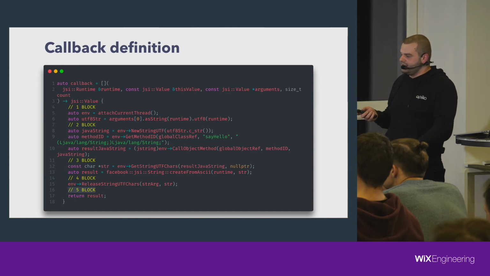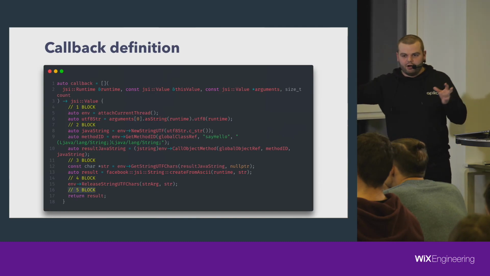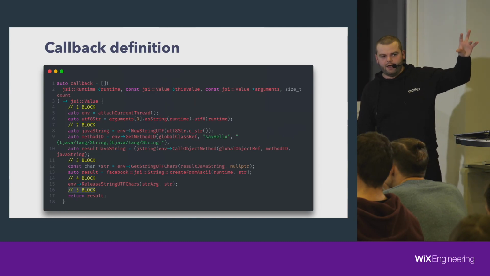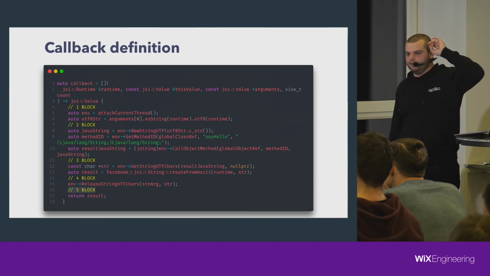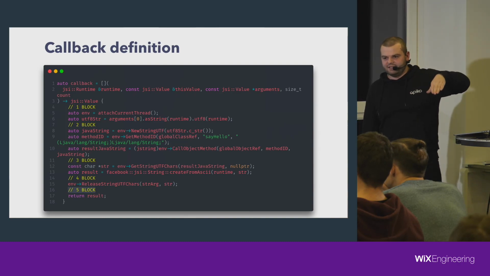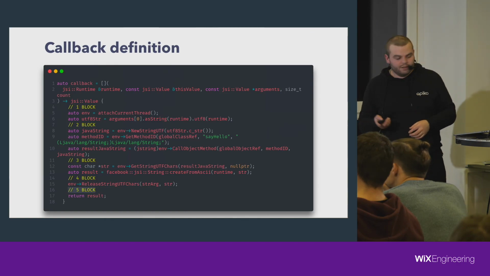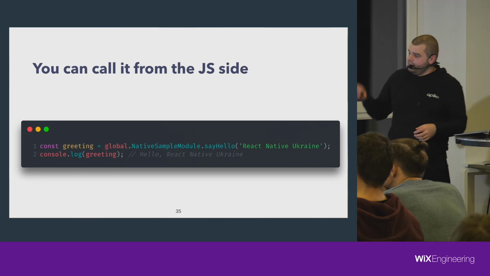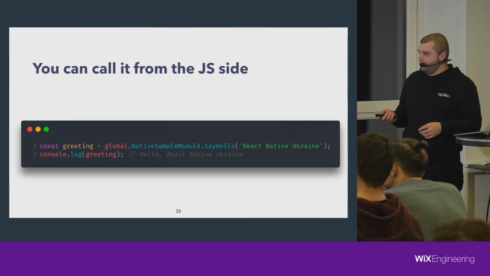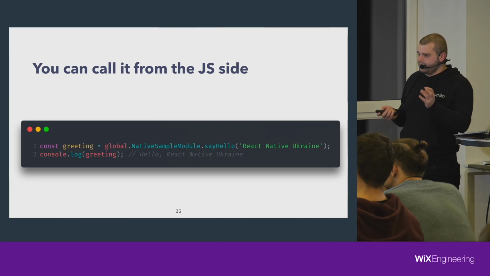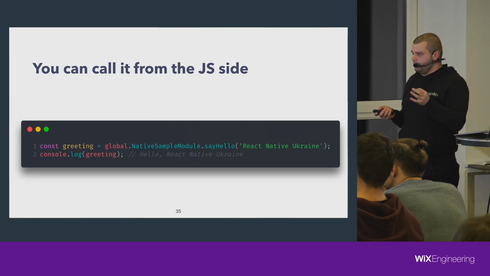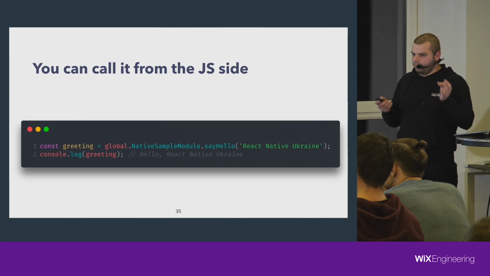Yes, it's basically that chart I showed you, where we have global, JSI, C++, JNI, Java, then back through JNI, and more and more. So at the end of the day, you will have the global native sample model, which is the property we set on the global runtime.